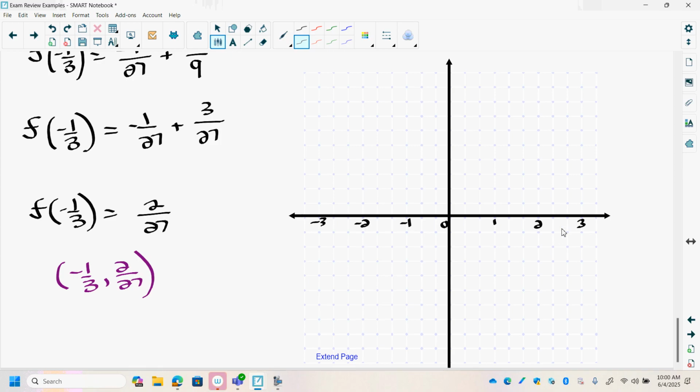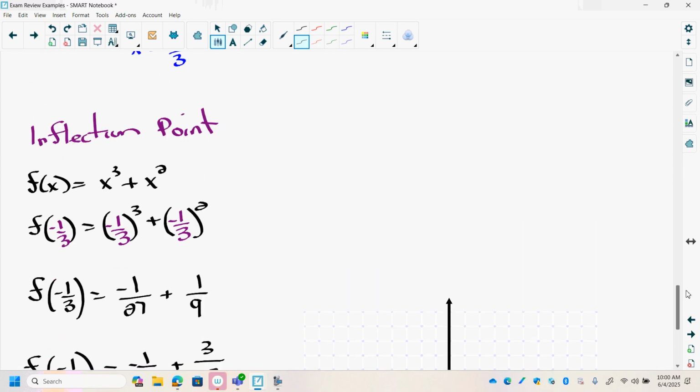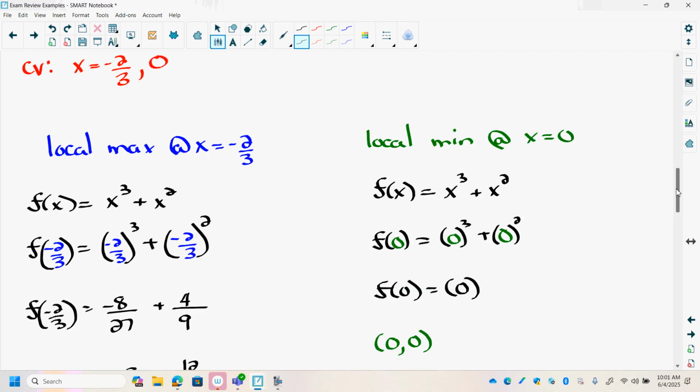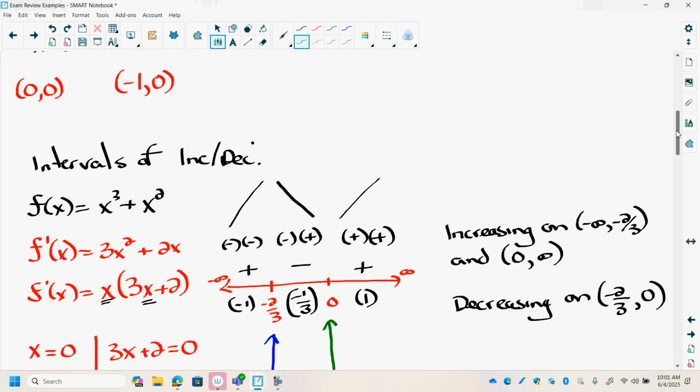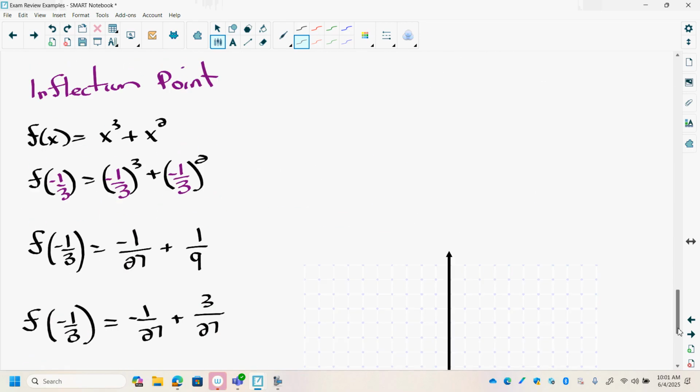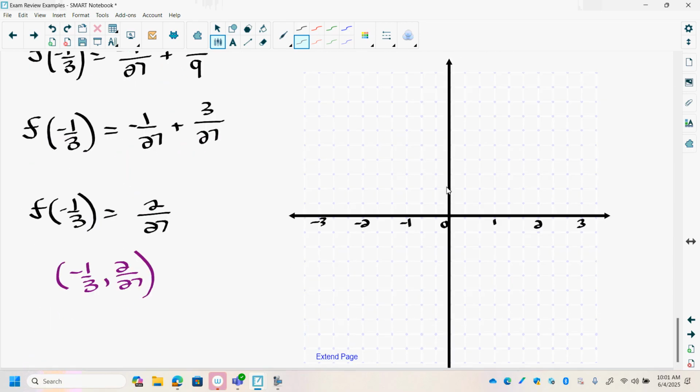Now look at your y values. I've got 2 27ths. I've got 4 27ths. I need a height of 0. That's it. So if you wanted to, you could go 1, 2, 3, 4, 5, 6. Let's do this. 6 over 27, which would reduce.